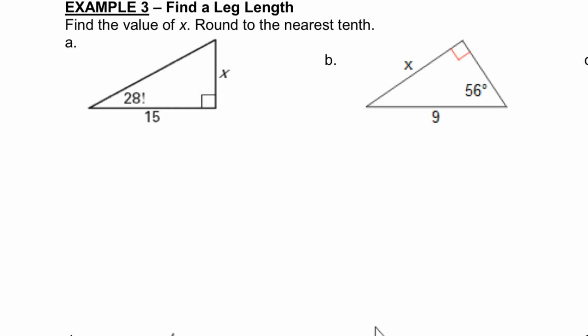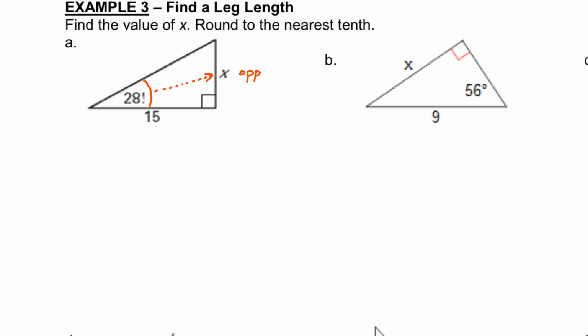The first thing we have to do is identify the angle we're looking at this with respect to. The angle that we're given here, I'm going to mark, is the 28-degree angle right here. With respect to that angle, if I go across from it, we can see that the x we're looking for is the opposite side length.